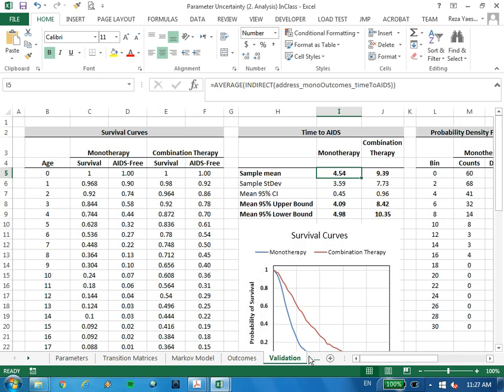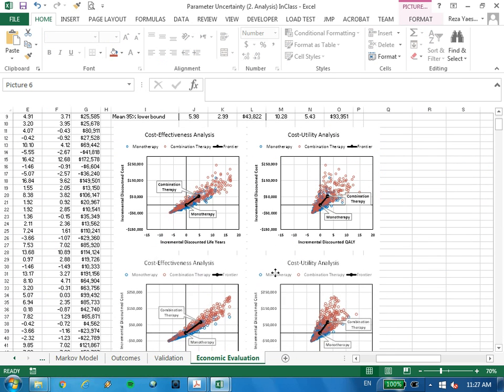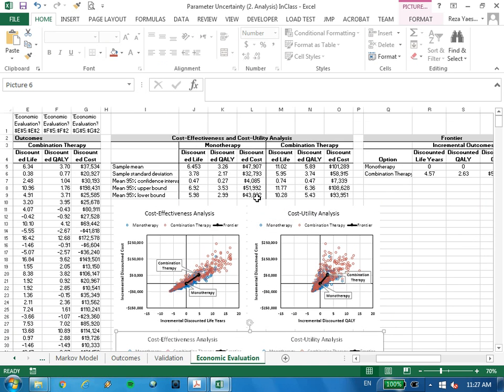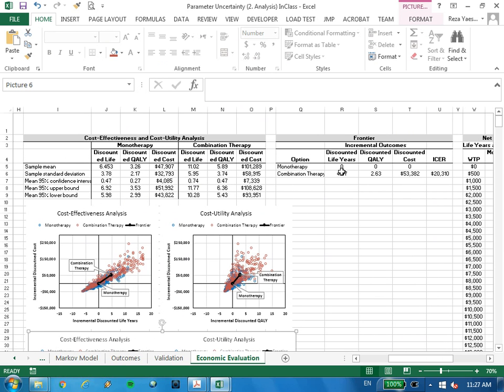Anyway, so this is how it works. Sometimes you see, like, this is what we had before. So here you see that there is more uncertainty and more variation, and also you see some major changes in our estimate for incremental cost and things.